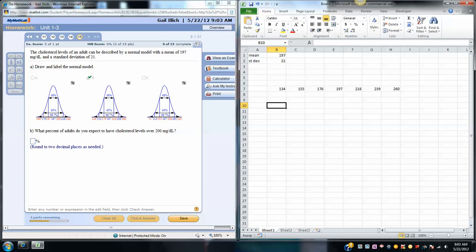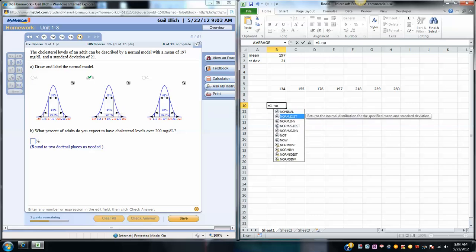I'll say if it's over 200 and I want to get the area, the norm distribution function only returns the area to the left. So if I want the area to the right of 200, I'm going to have to do equals 1 minus the area to the left, which I find by using norm dist.